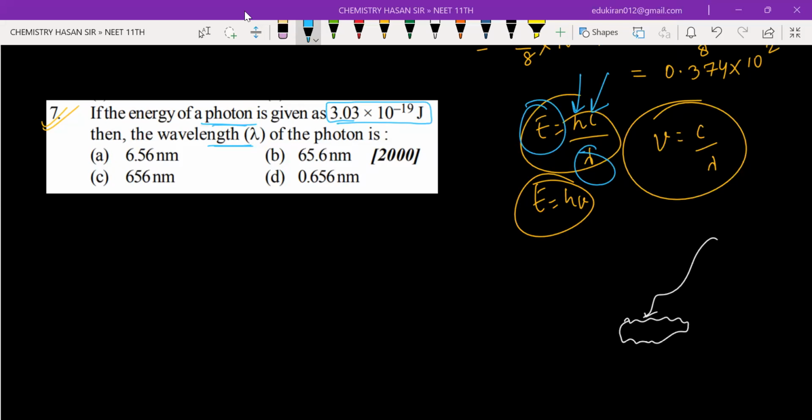Siddhika, Rishita, any answer? Very good, Siddhika.